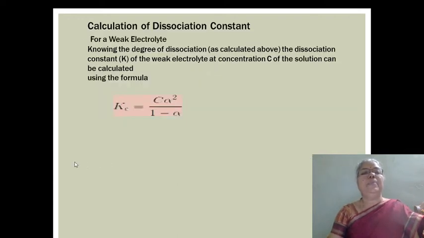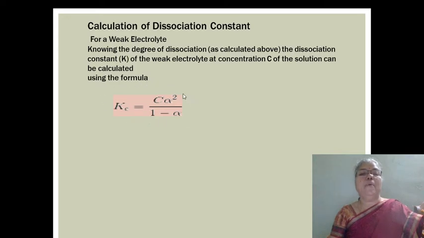Then, in the calculation of dissociation constant for weak electrolytes, knowing the degree of dissociation, the dissociation constant K of a weak electrolyte at a concentration C of the solution can be calculated using the formula Kc, the dissociation constant for concentration C, equals C times alpha squared divided by 1 minus alpha.